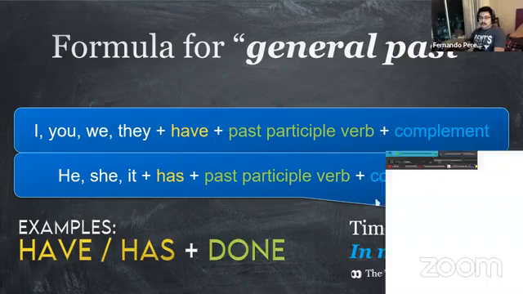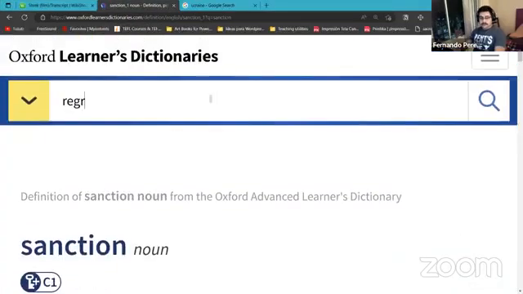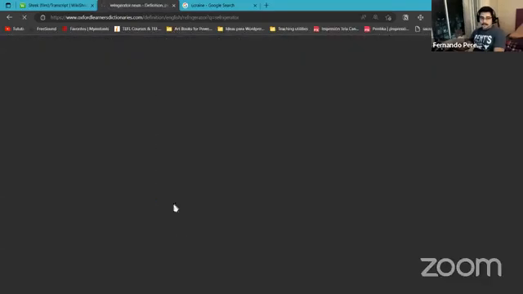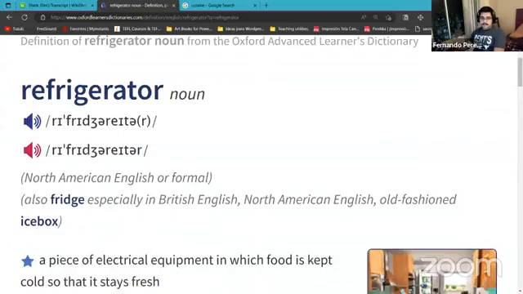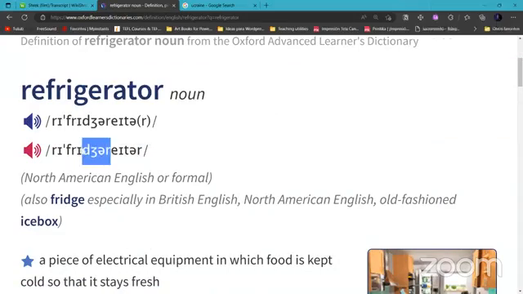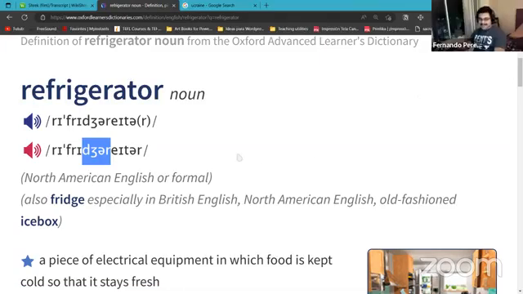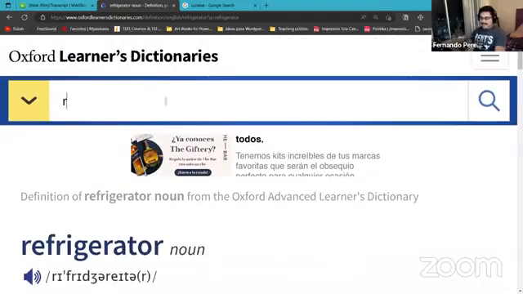Again. Pronunciation. Look at this symbol. Refrigerate. Yes. Refrigerate. So the same thing.